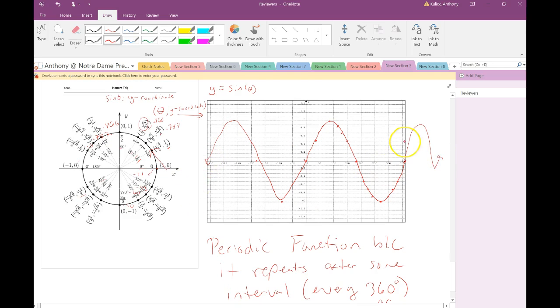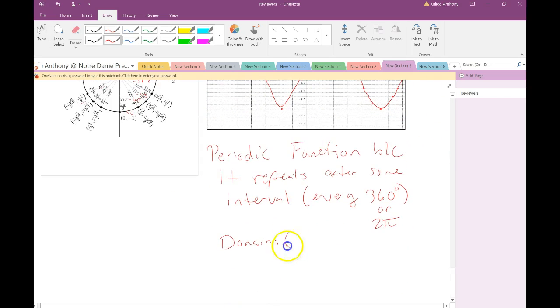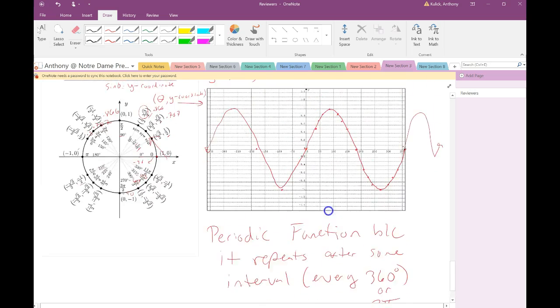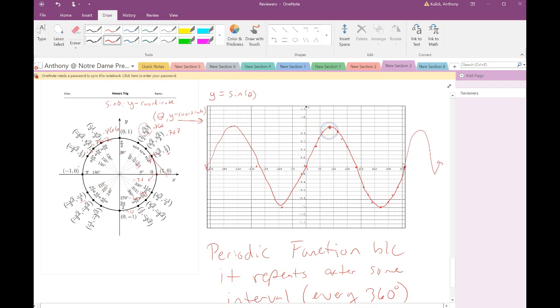These are going to keep going forever in both directions, right? So those of you that said the domain was all real numbers or negative infinity to positive infinity, that's correct. What will the range be? Okay, negative 1 to 1. Notice that I'm using brackets here because negative 1 and positive 1 are both values. So just the biggest y value and the smallest y value, and we're connected all the way in between.